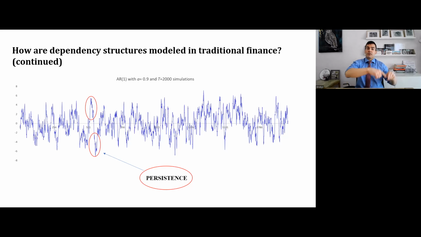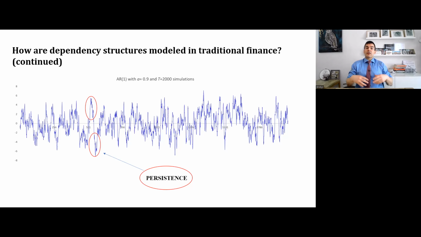So once the process is on the positive side of the YT axis, it will remain there for some time until we have a large negative deviation, which forces the process to go below the mean. And then it will stay there for some time, because here we have a persistent process.